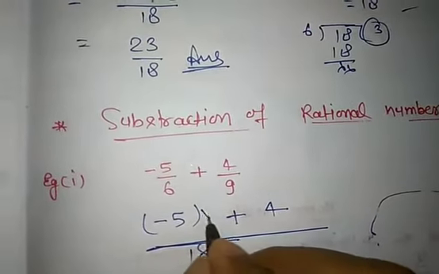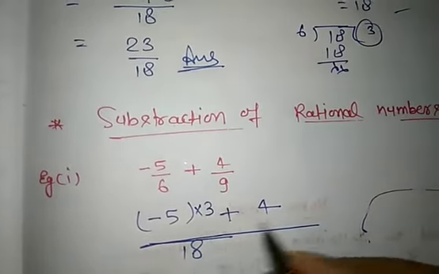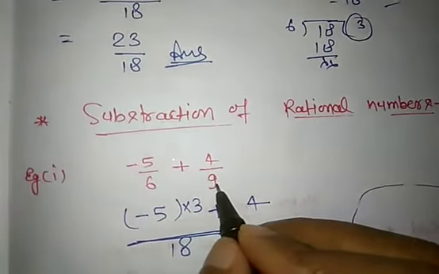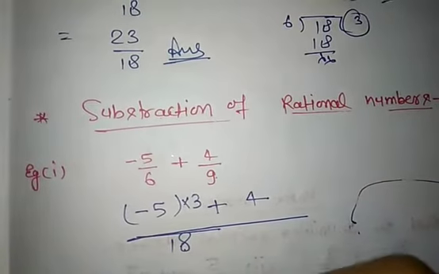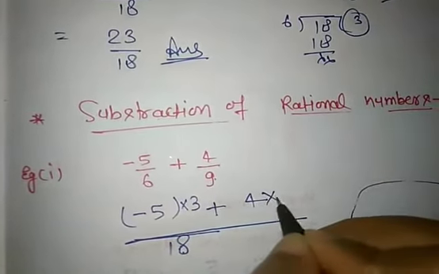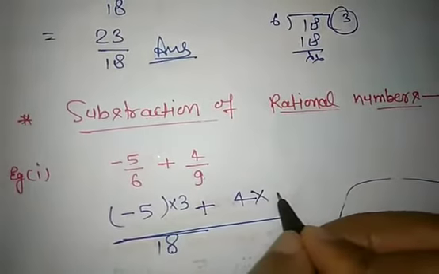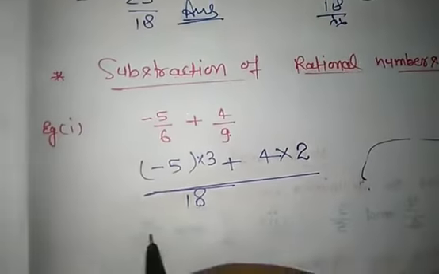Next step, divide 18 by 6. What do we get? 3. Multiply the first numerator, and divide for the second denominator. In the common denominator we get 9 2 is 18. So the second numerator is multiplied by 2.